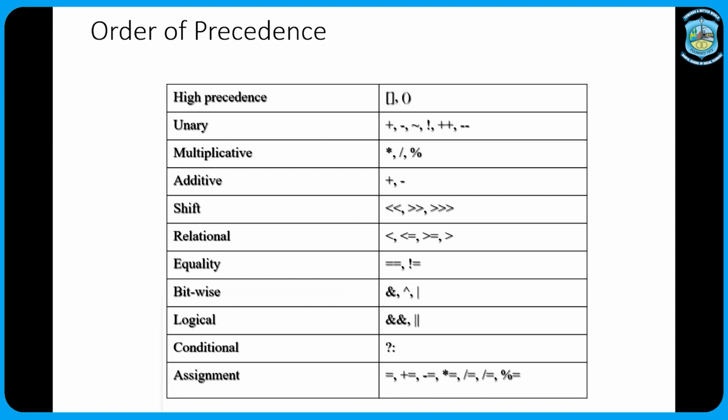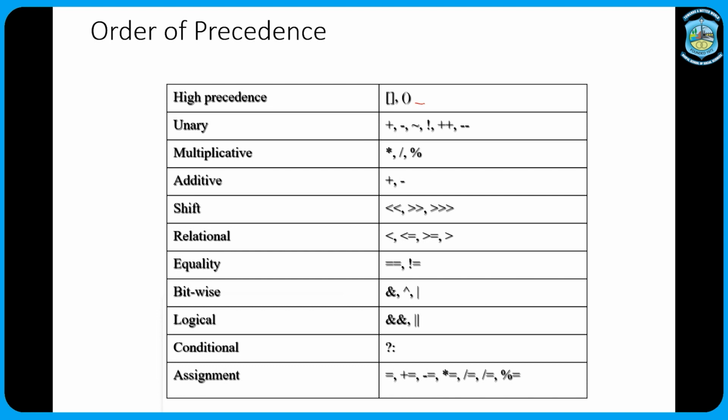The unary operators are plus, minus, inversion, not, plus plus, and minus minus. The highest precedence is always of brackets. Here also it can be square brackets and parentheses, sorry, square brackets and small brackets.